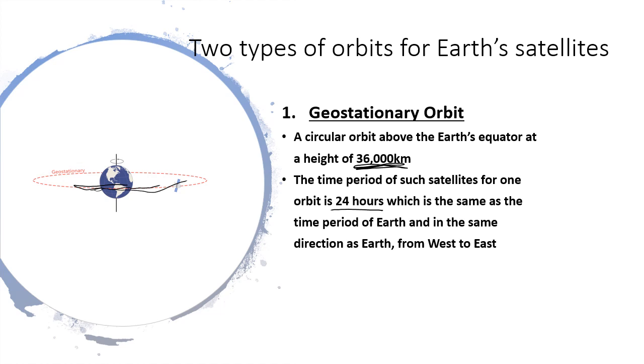So the time the Earth takes to go around once is 24 hours. And these geostationary satellites, the ones going in these geostationary orbits, will take the same time as the Earth takes to complete one rotation.